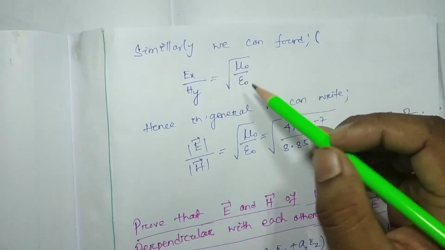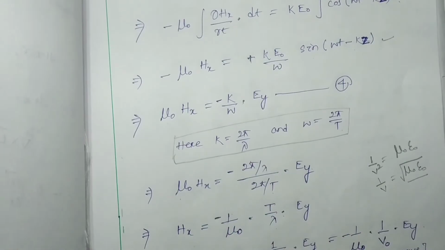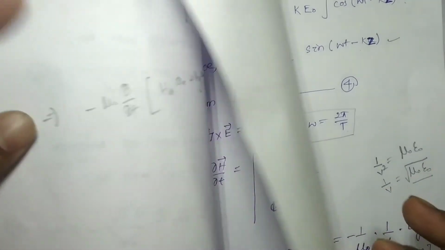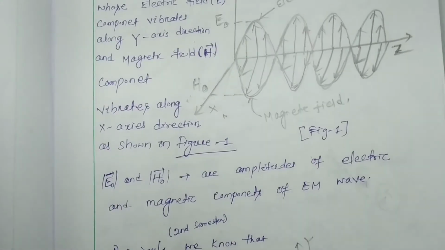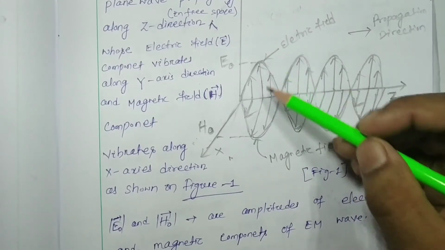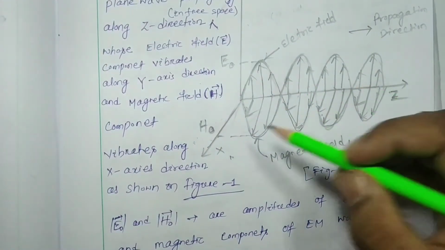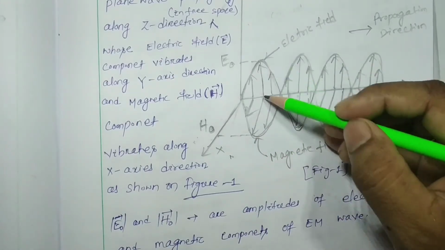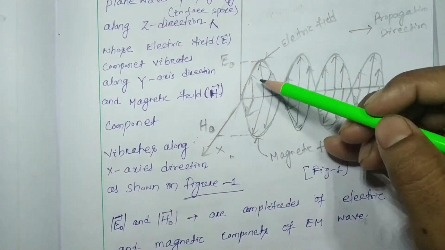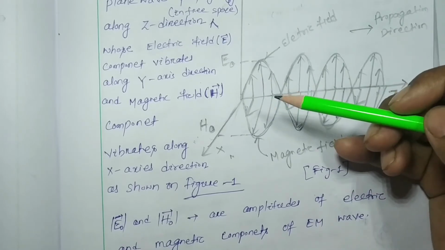That means for this derivation, whatever we have done now, we considered that the electric component is along the y-axis and the magnetic component along the x-axis. Suppose we have to consider the magnetic component along the y-axis and the electric component along the x-axis.